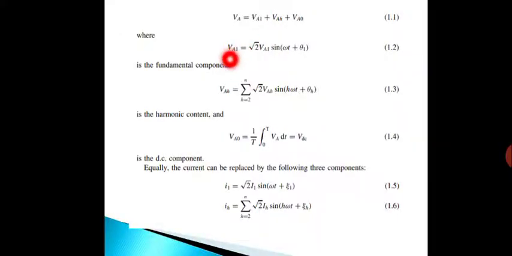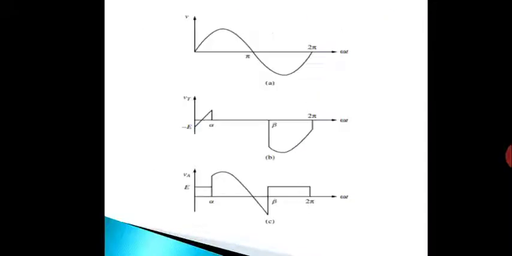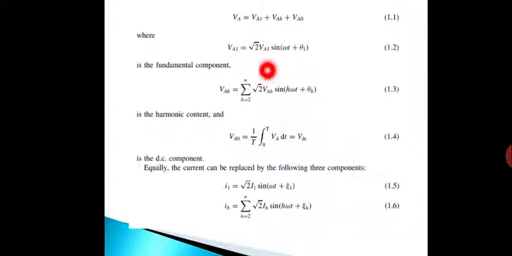So next we have VA1 is equal to root 2 into VA1 into sine of omega t plus theta 1. Why plus theta 1? Because it is an inductive load, that is why it is plus theta 1. It's the fundamental component VA1. Fundamental component means, see, this is the fundamental component, root 2 into VA1 sine of omega t plus theta 1.